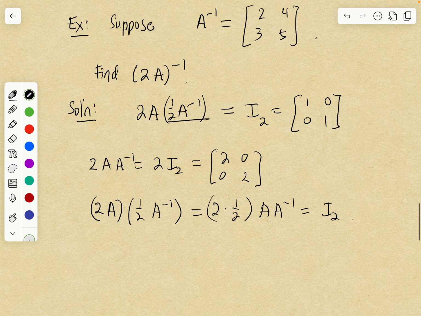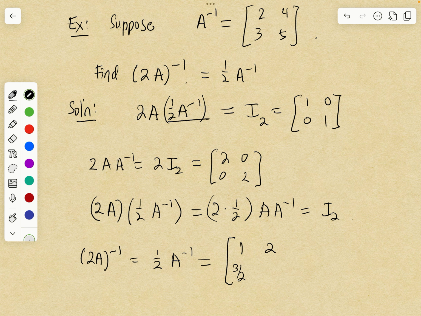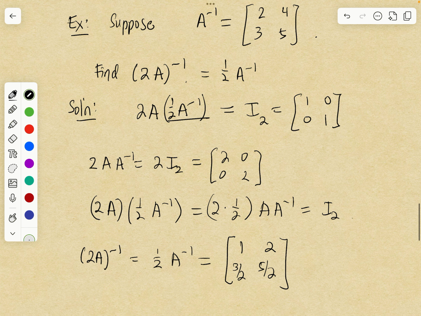So the inverse of 2A, we discovered, is equal to 1/2 A inverse. So the inverse of 2A, that's the thing we want, is 1/2 times A inverse, and we're given A inverse. So we just take half of each entry. That's going to give you 1, 2, 3 halves, 5 halves. So that's the answer.